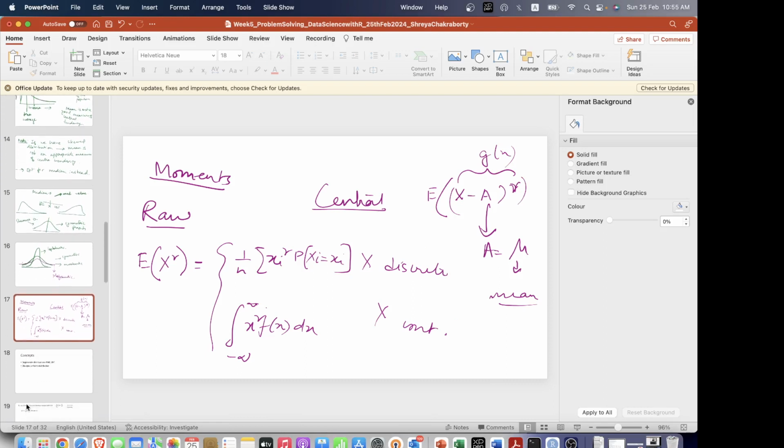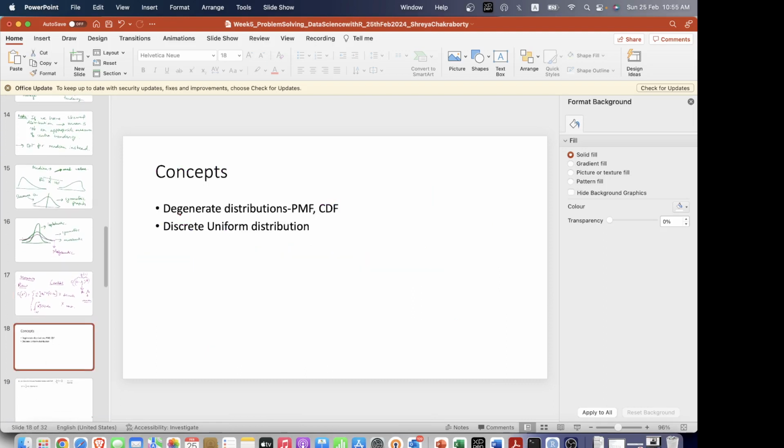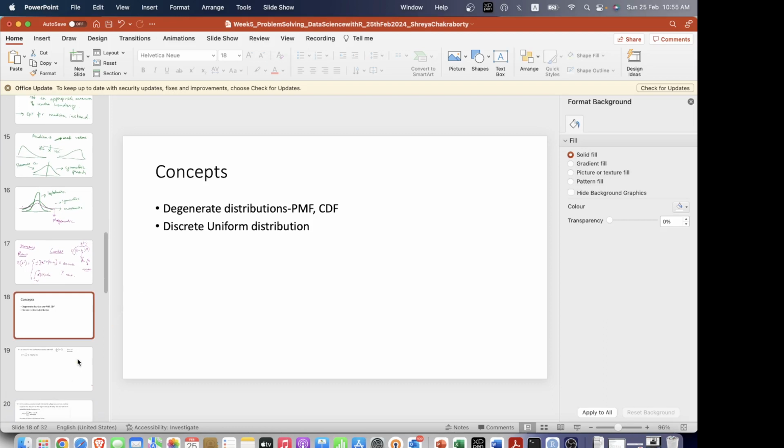Is it okay? Also we learnt about degenerate distributions, where the mass is concentrated at one point, the CDF of a degenerate distribution, and discrete uniform distributions. So with that, let us move on to the questions.